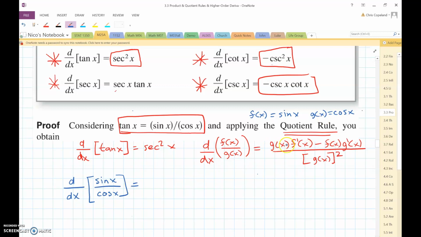So if we apply it to this rule, g of x is cosine x. The derivative of f of x would be cosine x, because the derivative of sine of x is cosine x, minus f of x, which is sine of x, and the derivative of cosine, which would be negative sine x.